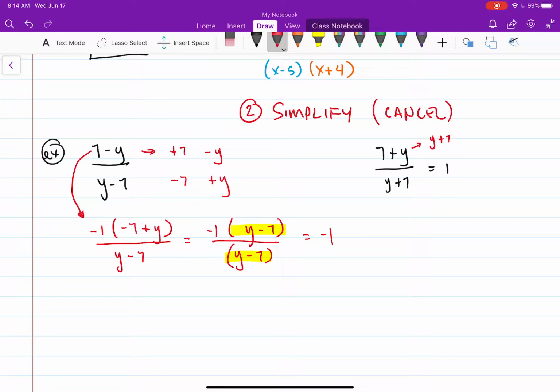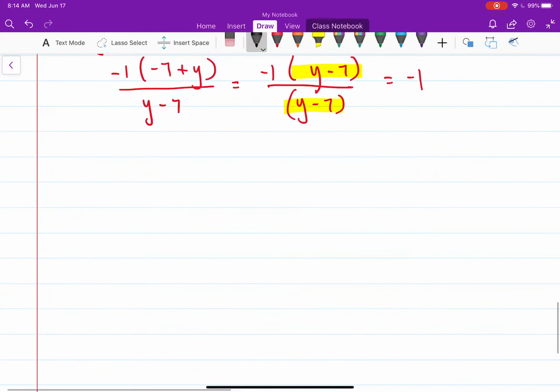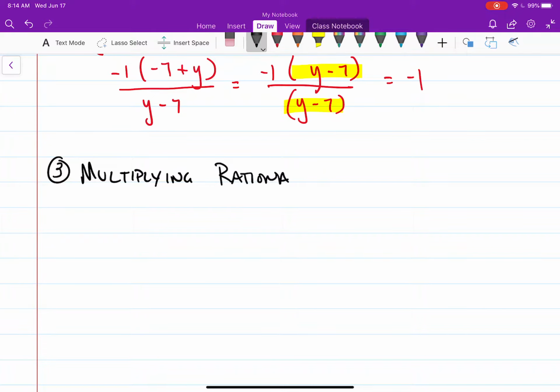Let's talk about the third part. Part 3 is about multiplying rational expressions.